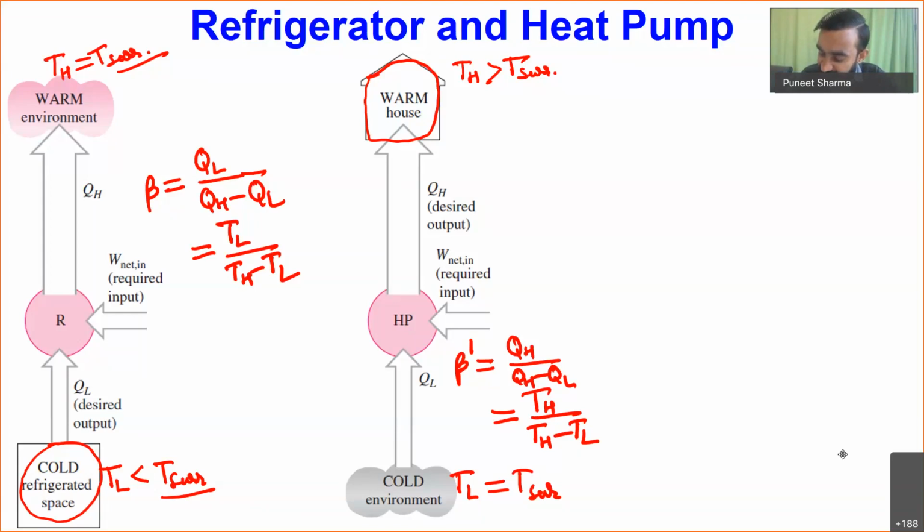The capacity of refrigerator and heat pump devices is quantified in terms of tons of refrigeration. This is one unit for quantifying the capacity of our refrigerators and air conditioning units.